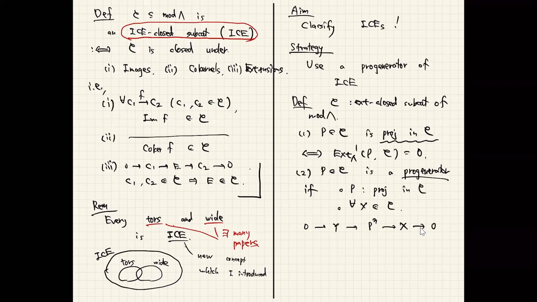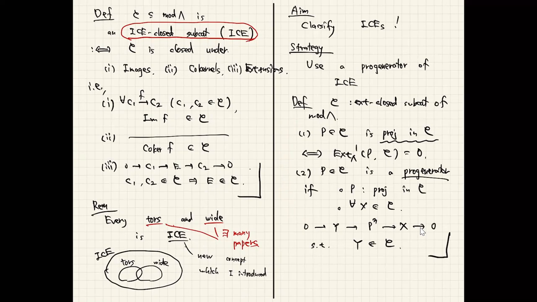So there is a surjection from a finite direct sum of P to X, and we impose that this kernel Y also belongs to C. Actually, these definitions make sense in exact categories in the sense of Quillen. So it's just a rephrasement of these properties in exact categories.